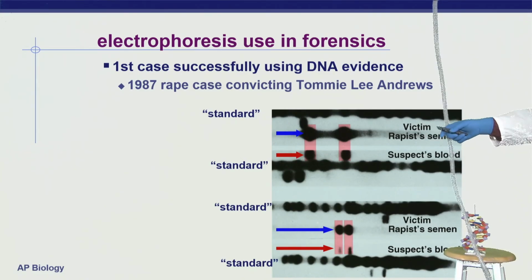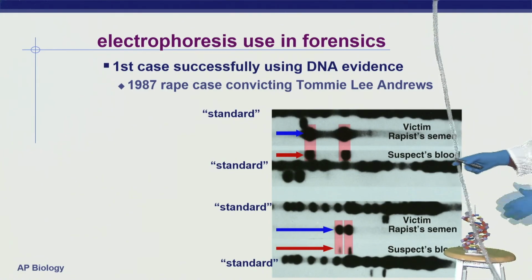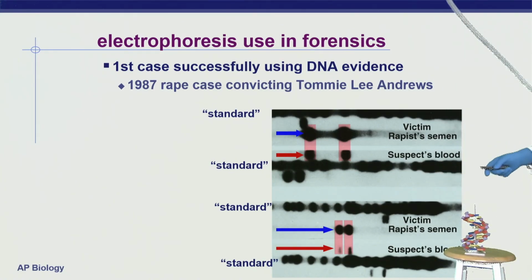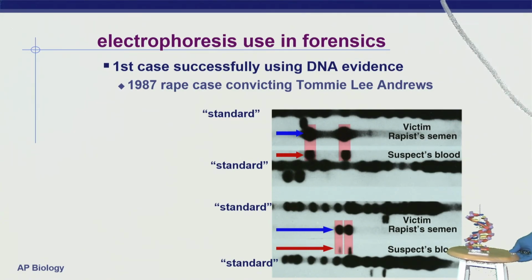So you have the semen from the victim, the suspect's blood, looking to see if it matches up, and then the victim's rapist semen and the suspect's blood.